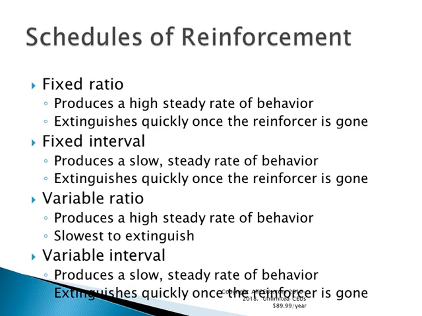Variable ratio produces a high, steady rate of behavior, and it's the slowest to extinguish. This is like pulling a number out of a hat and saying, okay, every 3rd time you do something, you'll get a reward. Every 5th time you do something, you're going to get a reward. Oops, you just have to do it once now and you get a reward. Variable ratio is the schedule of reinforcement that the lottery is on.